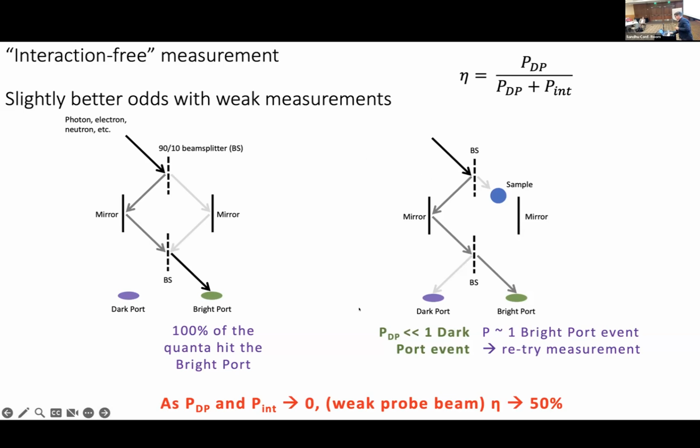And so, in that limit, with just a single pass, you get up to a 50% efficiency, assuming that every time you get a bright port click, you just rerun the experiment. So the idea is that you place your probe beam in an electron microscope on a new pixel of your scan, and you just wait until you get a dark port click, or you let the normal bright field, bright port signal form your normal image. That's the idea.